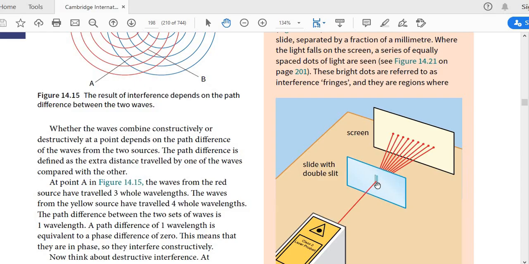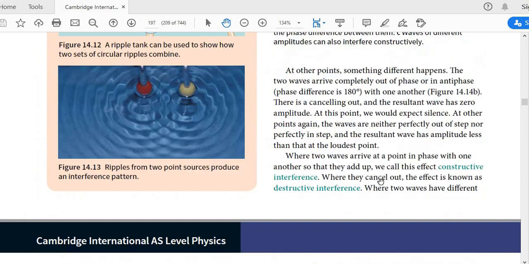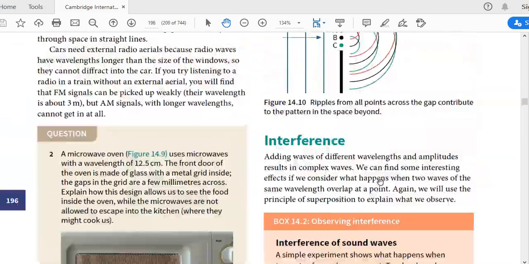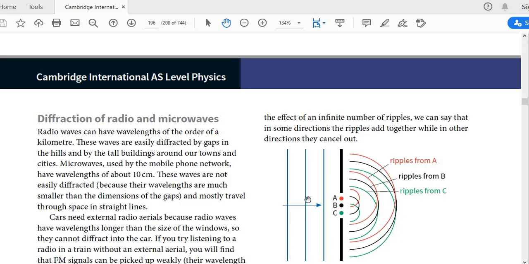So each slit will cause the wave to diffract. Okay, something like what we saw, I think there was a picture earlier. Yeah, something like this. So the waves are coming like this, and this is one gap here, this is another gap. So there will be diffraction at each gap. Then what happens?